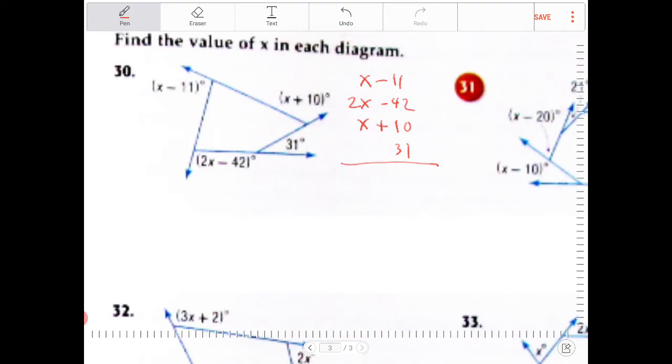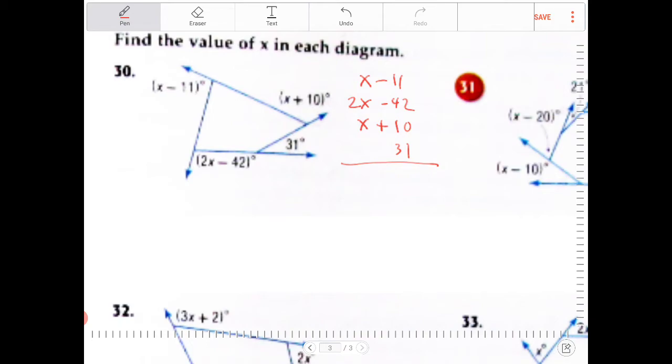If I add up all of these things, negative 11, negative 42, let's start over. So this is negative 11. Negative 11 plus 10 is negative 1. Negative 1 plus negative 42 is negative 43.